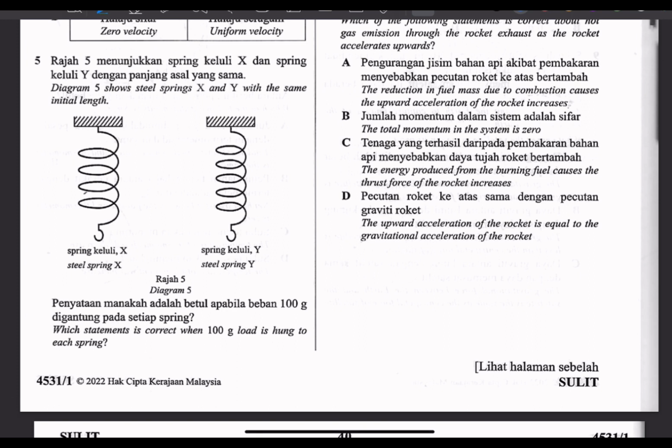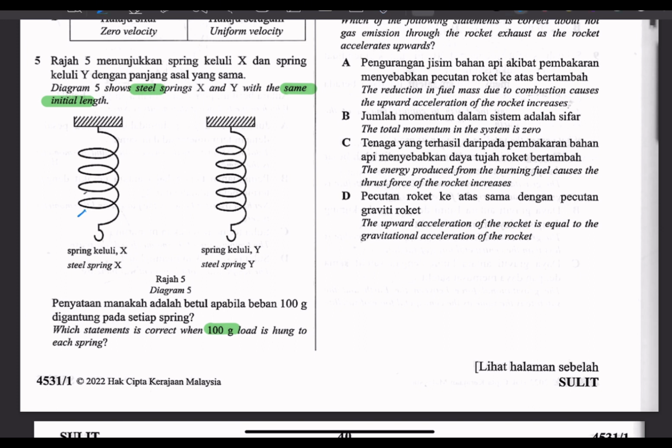Okay, next question. So we have two types of spring with the same initial length. The material is steel, both also silver. Which statement is correct when a 100 gram load is hung to each spring? Okay, now we observe these two springs. What is the difference?